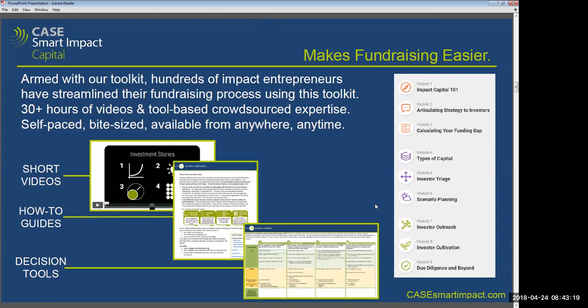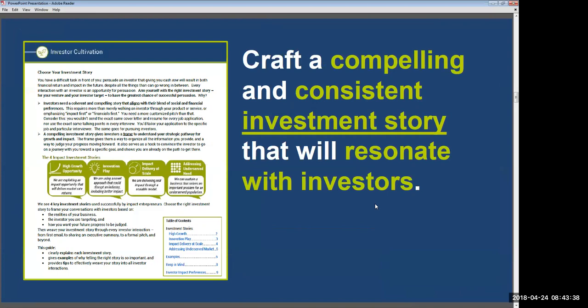There are 18 different decision tools in our kit, and I think 16 of them are different because of the impact that you are trying to create. Your decision making is slightly different, and so we're trying to undergird that. And a really important part of that is the story that you are going to tell to investors to intrigue them and get them to want to learn more about the opportunity to either fund you or invest with you.